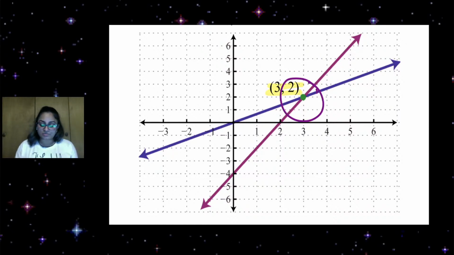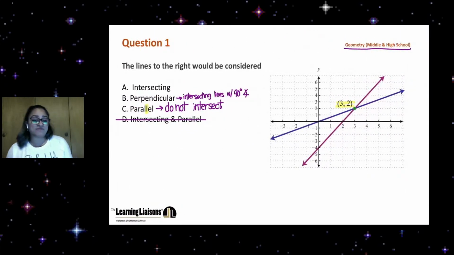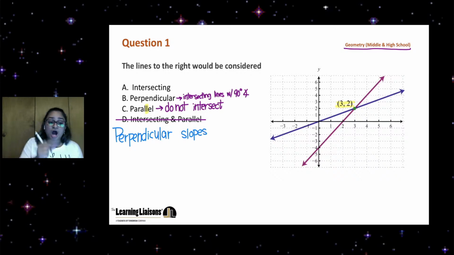But how do we know if these two lines actually make a 90-degree angle? We've got to know a little bit more than just what the terms mean. They actually have very specific things to them. Perpendicular slopes happen to be opposite signs of each other and reciprocals.